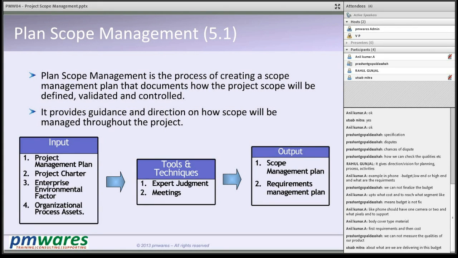So every knowledge area has a management plan, at least one, in this case two. What does this management plan normally contain? All the management plans contain the answer of how. If you have a question, how are you going to manage the scope? The answer is there in the scope management plan.